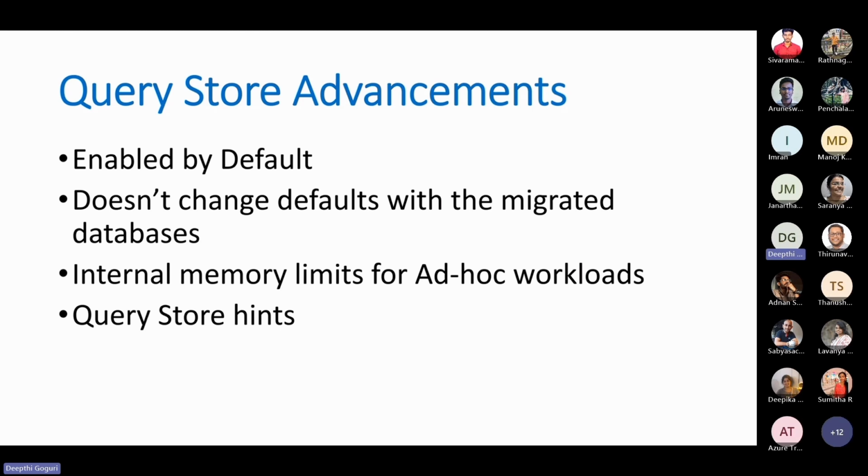And what will happen if the query store is filled up? Will it turn off, or what will happen, right? So once the query store size limit or the memory limit is reached, it will go into read-only mode automatically. So that's one of the advantages in Query Store in SQL Server 2022, to set these limits automatically. It's an internal memory limit that has been set.